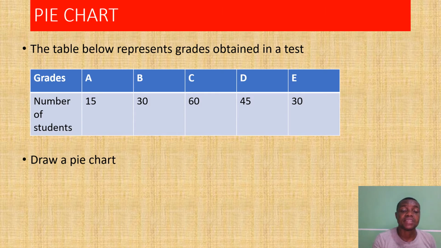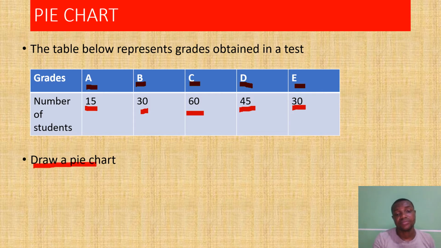To draw a pie chart, you also need a table, like grade A having 15, grade B is 30, grade C is 60, grade D is 45, grade E is 30. We have to draw a pie chart.